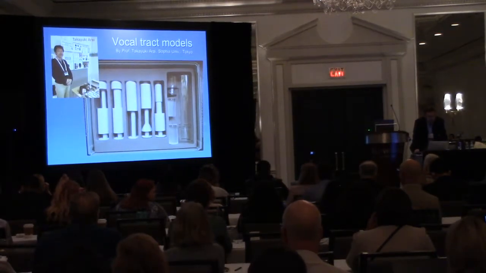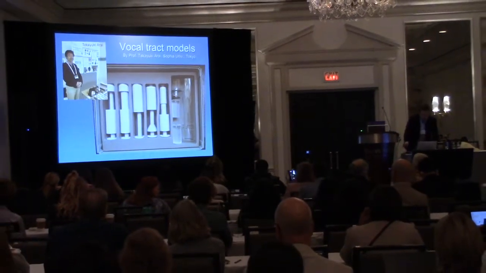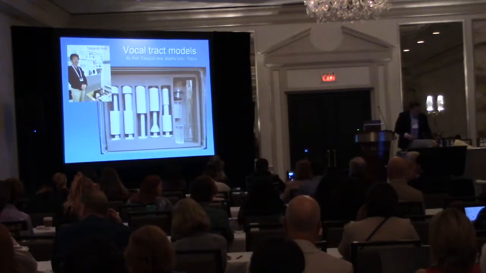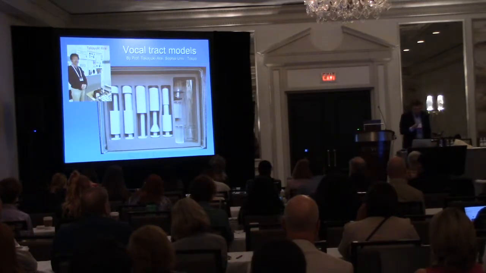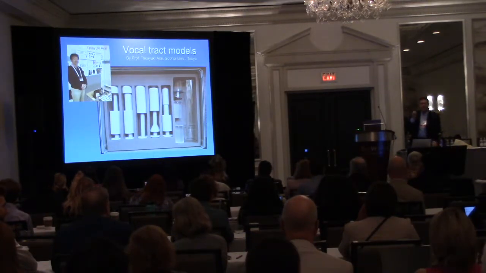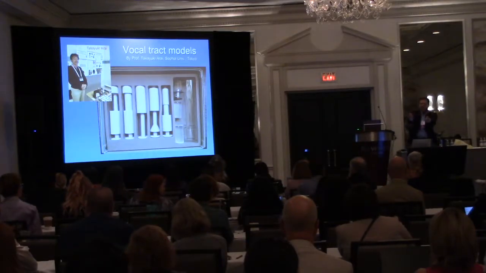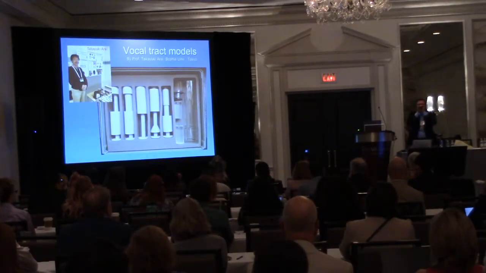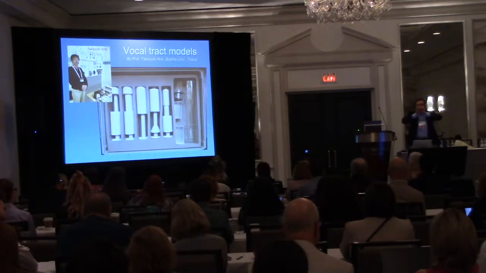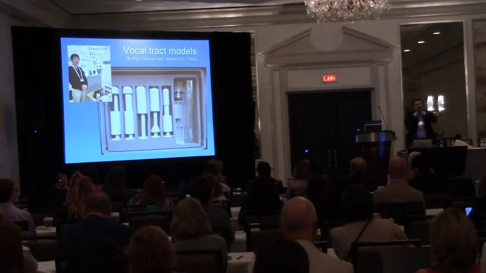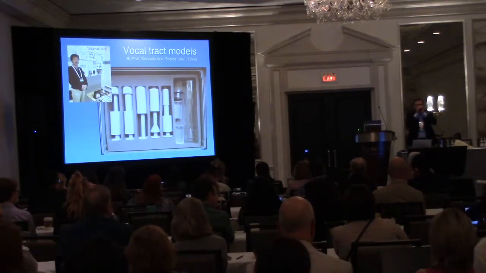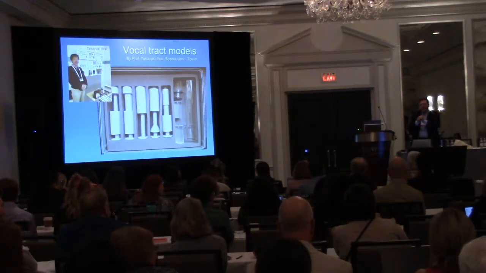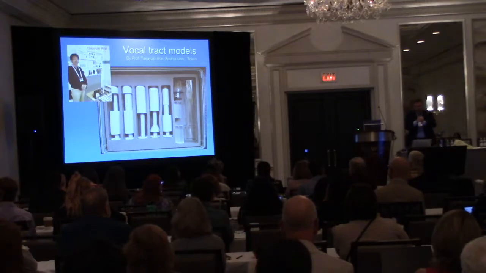Now, let's move on to resonance. If you were to take the vocal folds, I have here a model of the vocal folds, and of course that's rather like doing this. You can adduct and abduct by doing this. But that will only get you so far in terms of communication.